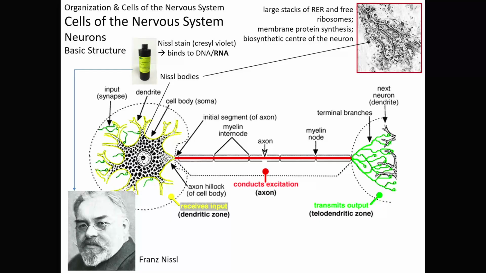And so, as it says here, the cell body is really the biosynthetic center of the neuron. But then what we have to think about is, a lot of these membrane proteins being made by the rough ER have to be able to be embedded into the membrane of the axons, the axon terminals, the dendrites.